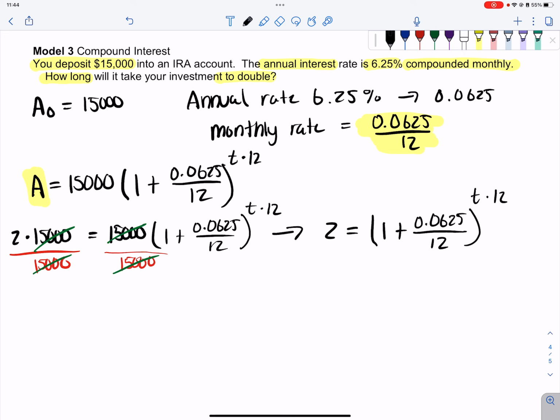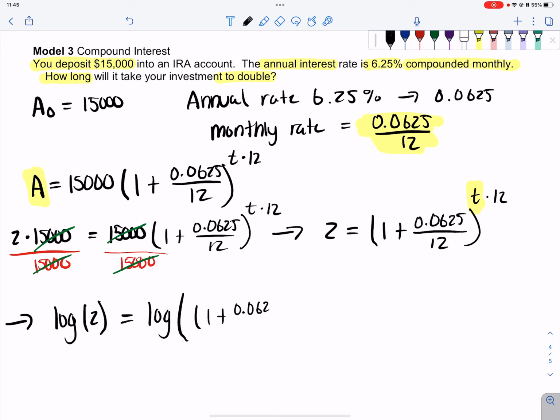And now our goal with this is to solve for t. T is in the exponent, which means we need to introduce logarithms. So we're going to use our 1-to-1 property to take the log of both sides of the equation. So we can rewrite this as being log of 2 is equal to log of everything that we have on that right side of the equation, which is 1 plus the 0.0625 over 12 raised to the t times 12.